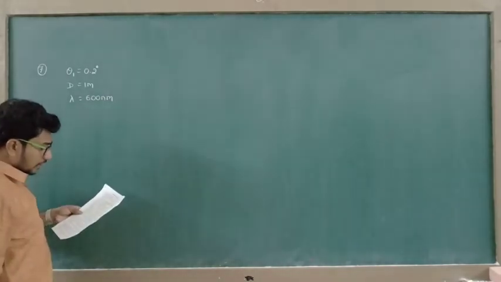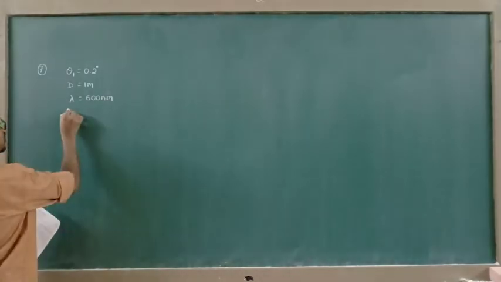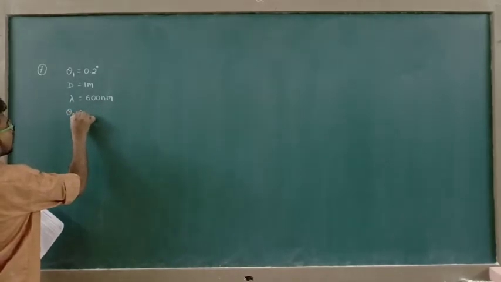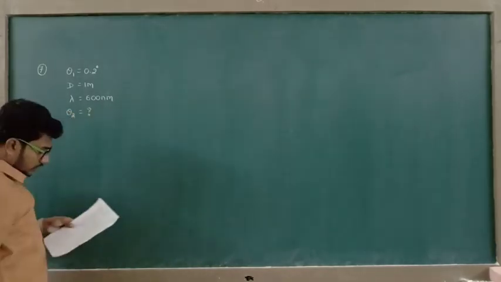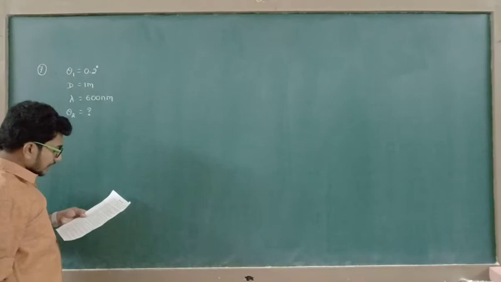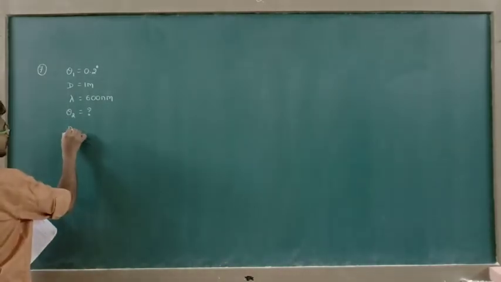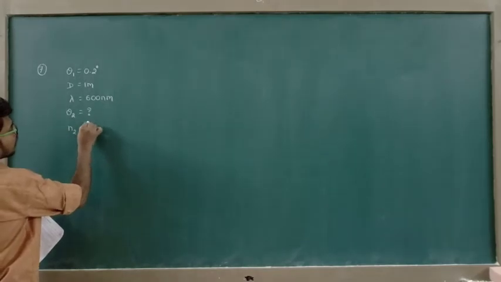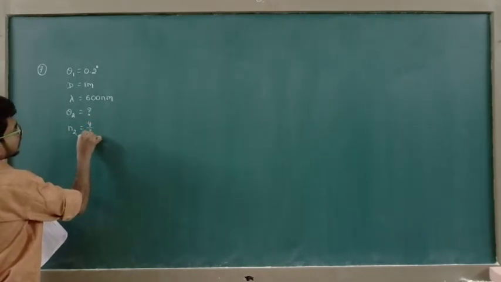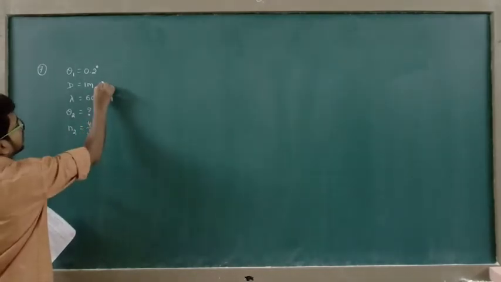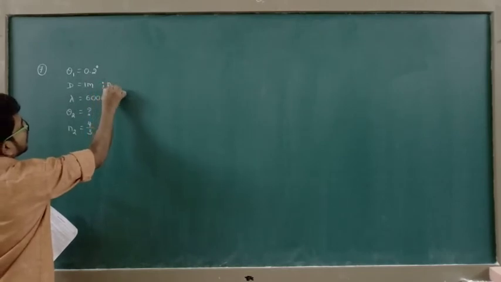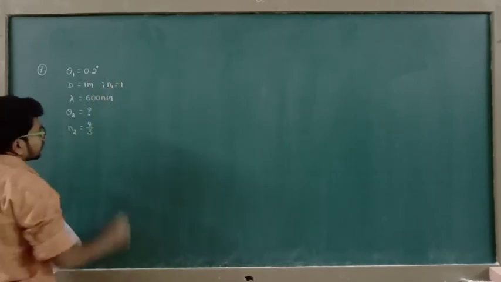What will be the angular width of the fringe? Take theta 2, if the entire experimental apparatus is immersed in water, take N2 is equal to 4/3. So here N1 is equal to 1.